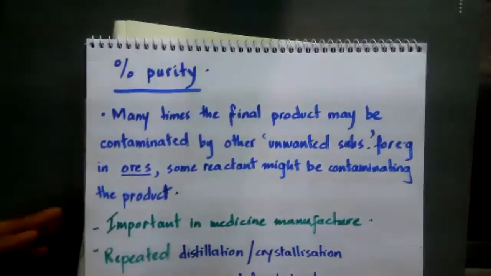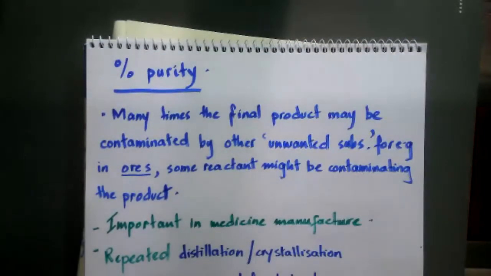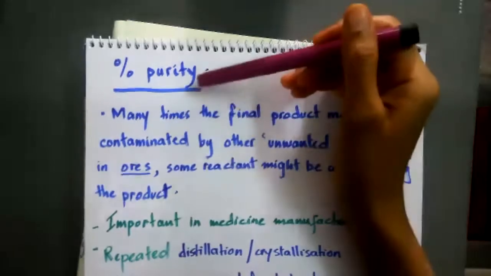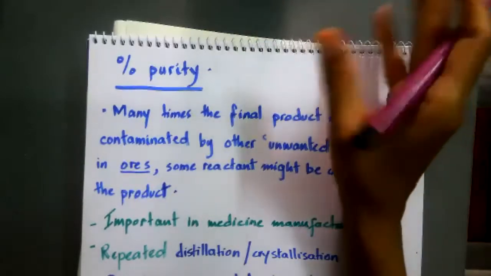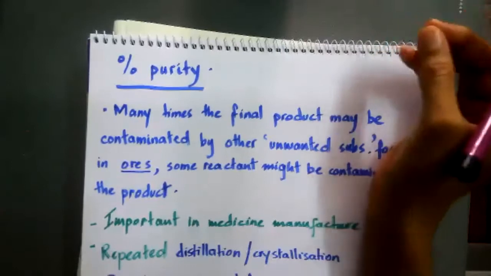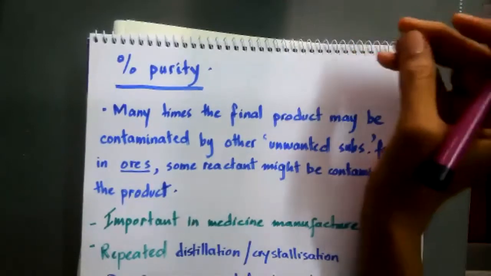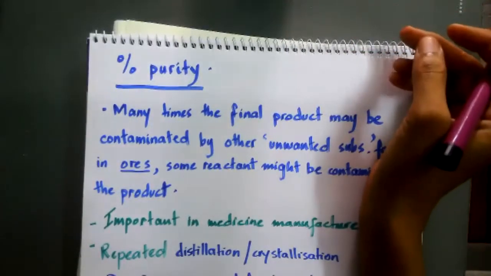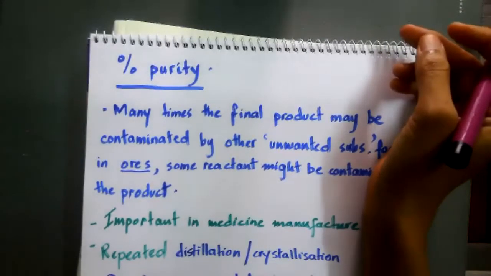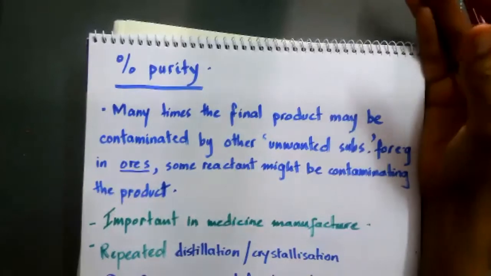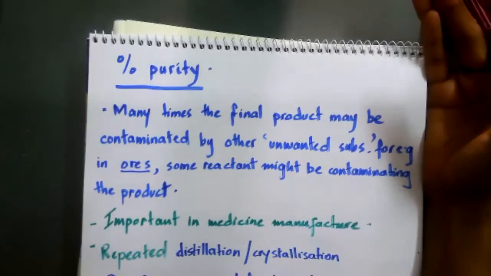Percentage purity. Now, what is percentage purity? Let's talk about the term first. Percentage purity is how pure a substance is. Because the product that we get at the end of a reaction is not all the time 100% pure. It might be contaminated by the reactants, or by the water with which you washed your beakers.